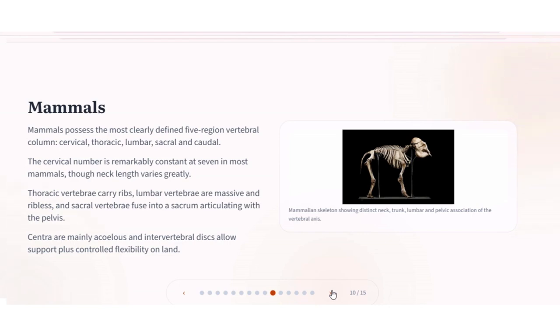For example, the giraffe has the longest neck, yet still has 7 cervical bones. Thoracic vertebrae carry ribs. Lumbar vertebrae are massive and ribless. Sacral vertebrae fuse into the sacrum, which articulates with the pelvis. Centra are mainly acoelous, and intervertebral discs allow support plus controlled flexibility.